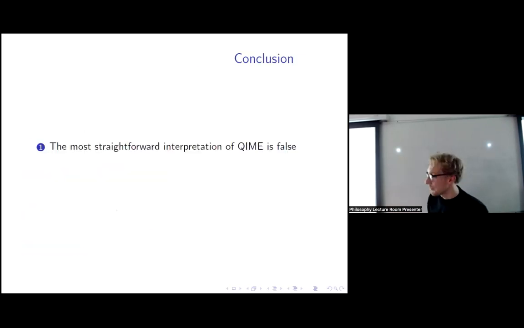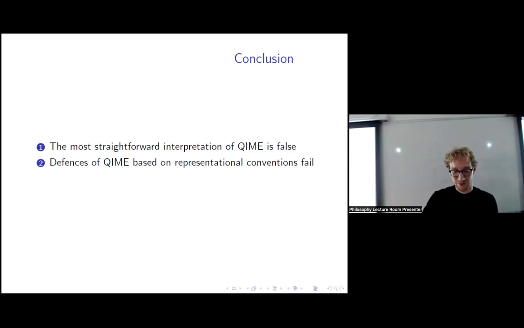Let me briefly summarize everything that I've said, and then we can go on to questions. I've said that the most straightforward interpretation of Quine, in which it's unrestricted and applies to any pair of isomorphic models whatsoever, is false. Again, I should stress that I don't think there is any explicit textual evidence that anyone I've quoted holds this unrestricted view, but it's one way of reading those quotes.